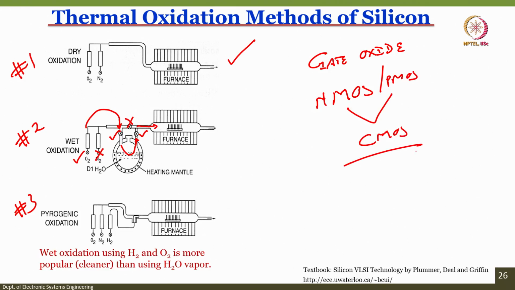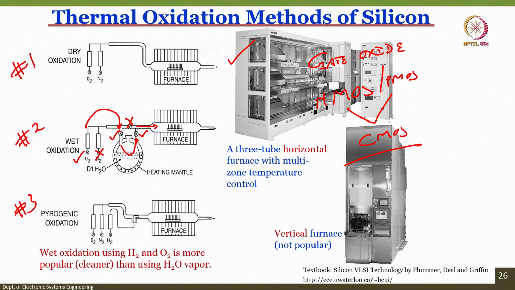We have the transistors that are formed where there is a source, there is a drain and there is a gate, and for the gate there should be a thin layer of oxide, and that thin layer of oxide should have extremely good quality, and that good quality can be obtained with the help of dry oxidation. So, this is the way to grow the silicon dioxide.